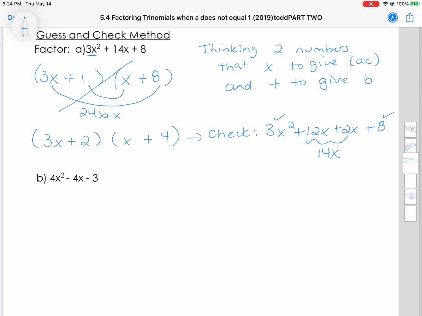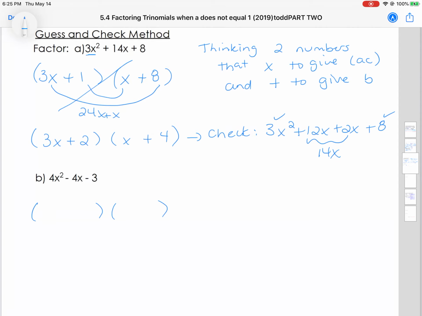Okay, so let's just do this simple one down here. So we have 4x squared minus 4x minus 3. So now when you're trying to do the x terms, we could do 1 and 4, or you could do 2 and 2. So again, now there's even more to check. So again, you kind of have to be thinking, well, if I do 2, then 2 times 3, so let's try 2x.